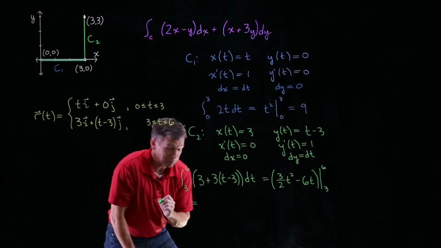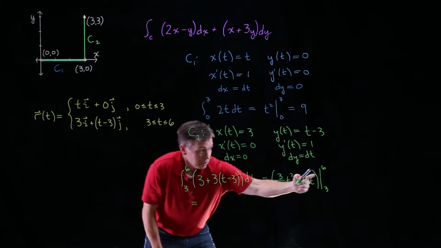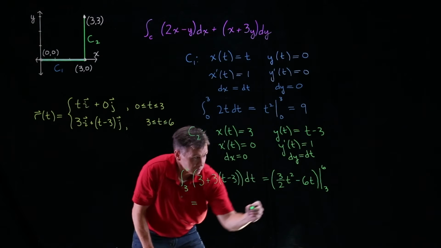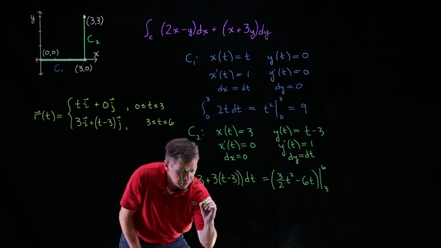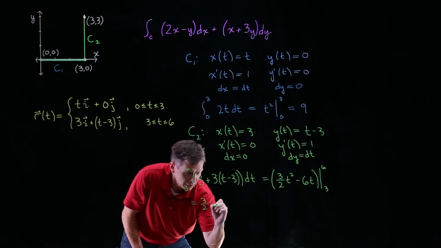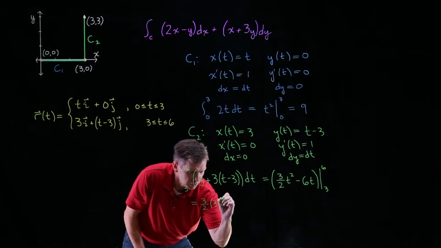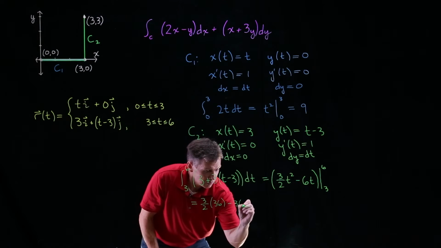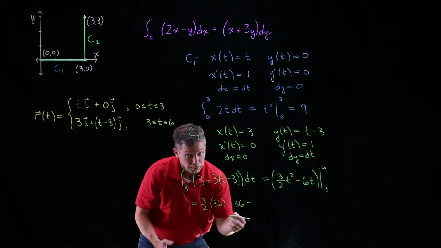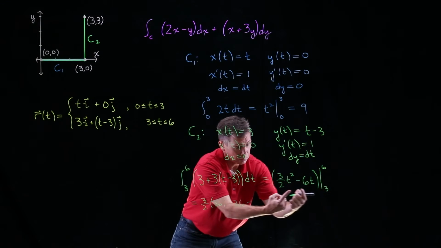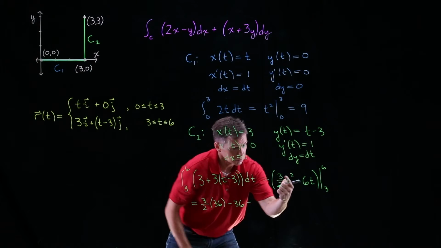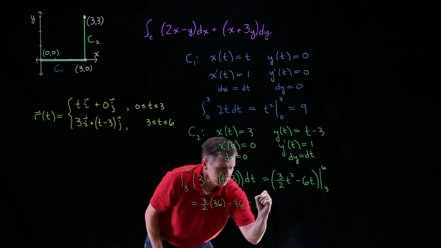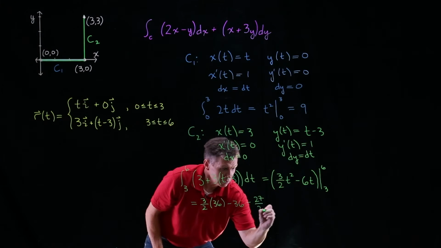But here's where I'm feeling like I might head to my calculator. So putting in the 6, we get 6 squared. So 3 halves times 36. Minus 6 times 6, that's another 36. Subtracting what happens when you plug in the 3, so I'm putting in a 3 here, 3 squared, actually 27 halves.